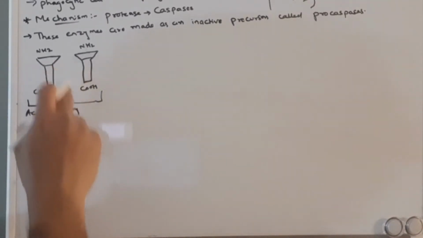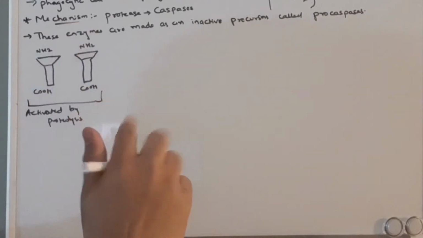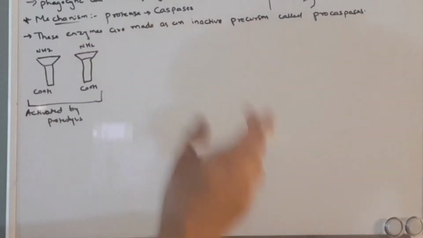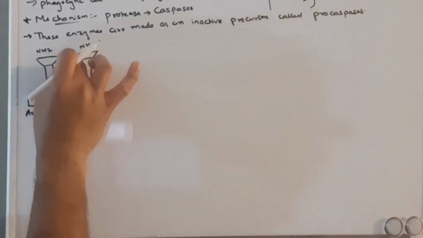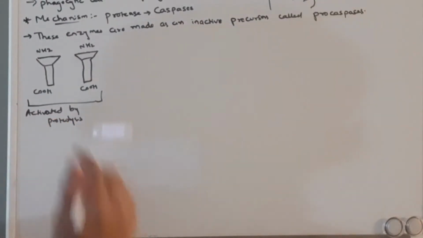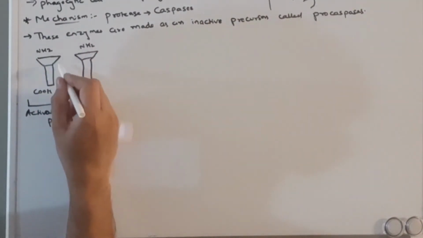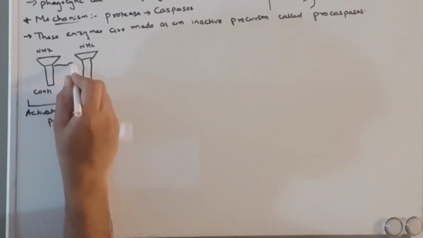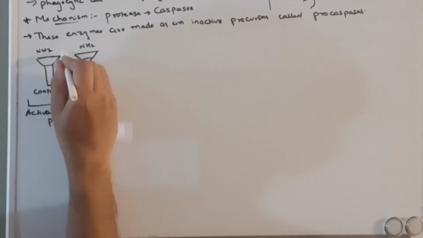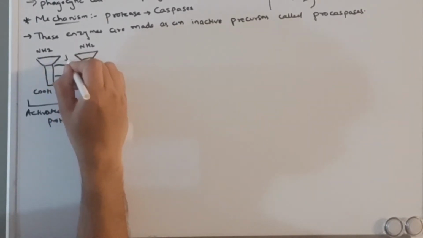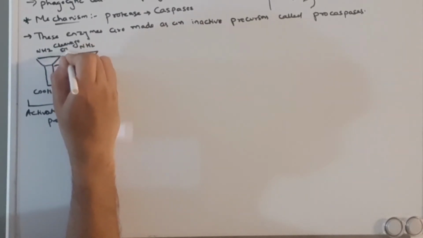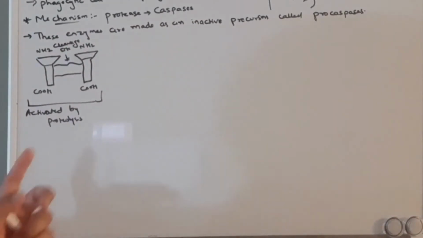That means proteolytic cleavage, like splitting by another member of the same protease family. So this is our procaspase and it is cleaved around here. I'll write it down: our cleavage site.